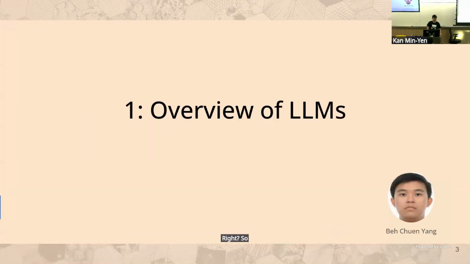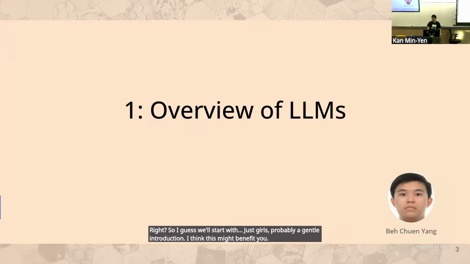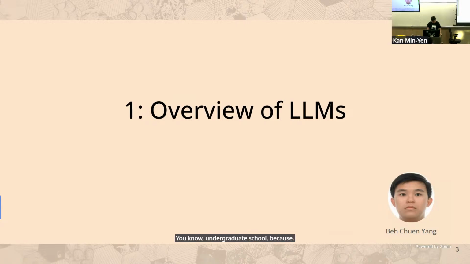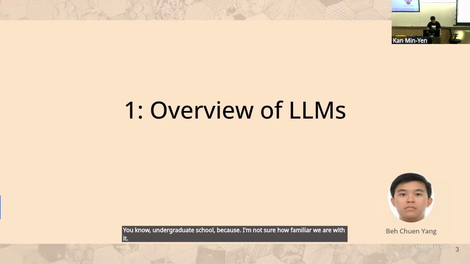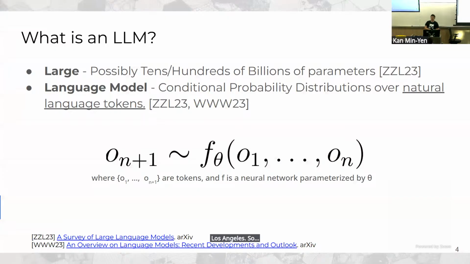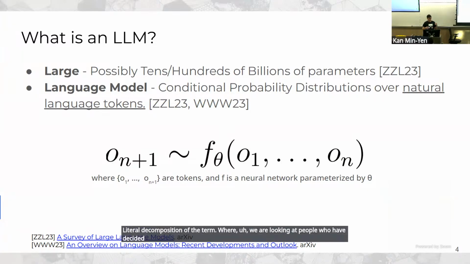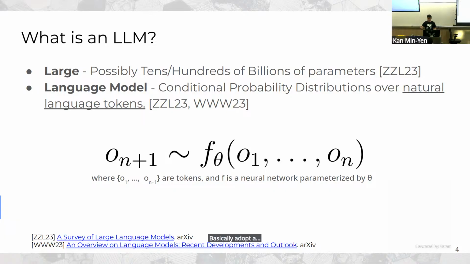So I guess we'll start with just probably a gentle introduction. I think this might benefit undergraduates a bit more because I'm not sure how familiar we all are with large language models. So normally we are looking at a very literal decomposition of the term, where we are looking at people who have decided to adopt a causal and conditional kind of model for natural language tokens, where we don't ascribe any sort of meaning.